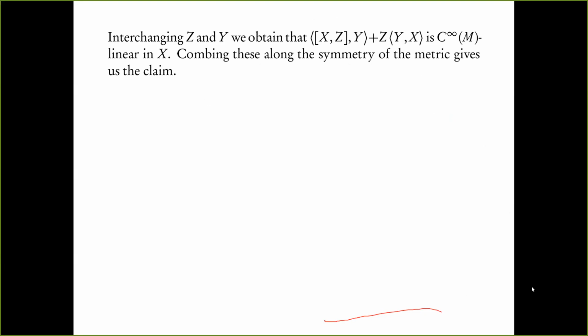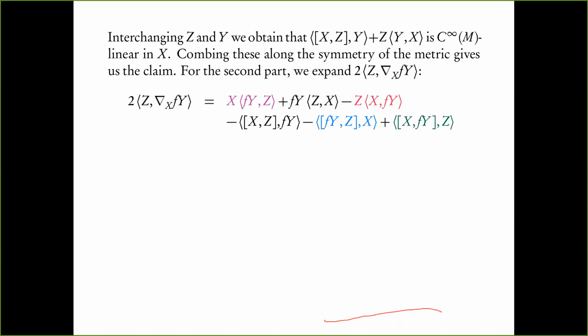Okay. So for the second part, we expand this quantity. What we want is for it to satisfy the Leibniz rule in y, right? Which means you simply expand this using the Leibniz rule itself. Sorry, what does the Koszul formula say? It says that you have these three terms using the inner product. The f comes in front of y, and then you have these three terms involving the Lie bracket and the inner product.